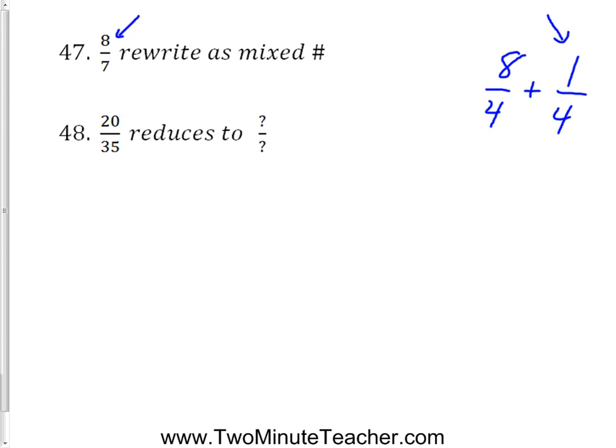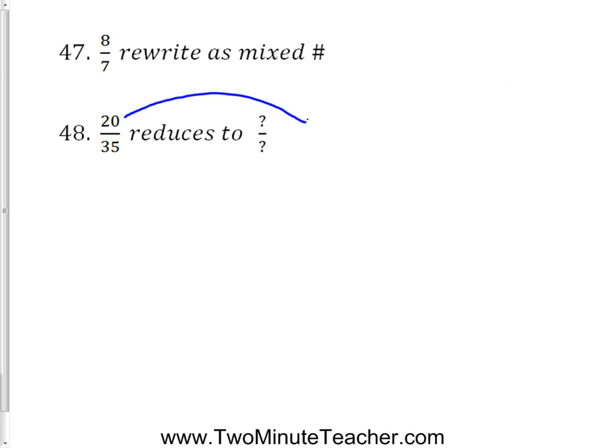Okay, moving on. 20 over 35 reduces to, well, this is a simple reduce question. You can reduce this in a lot of ways, but the way I like to reduce things is to use canceling and try to figure out what I could rewrite or substitute in for each number.